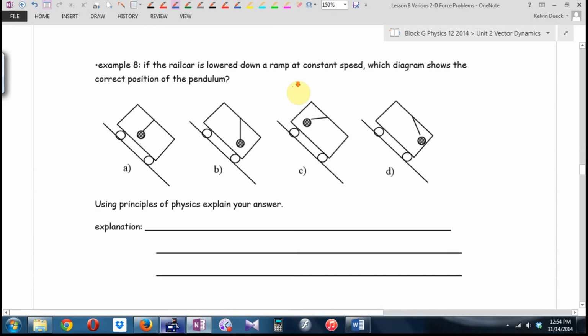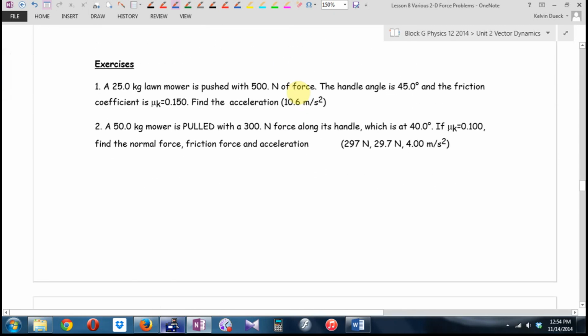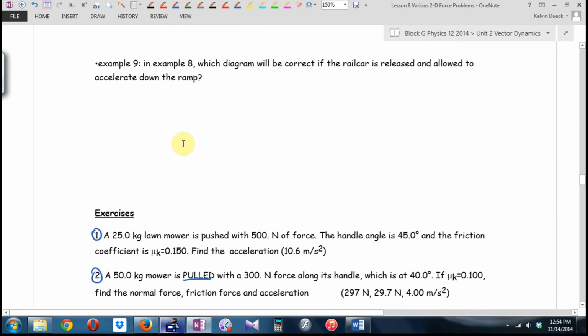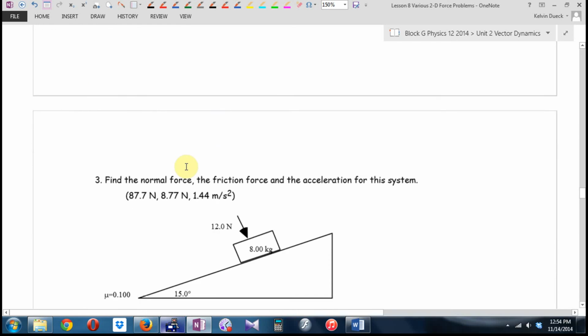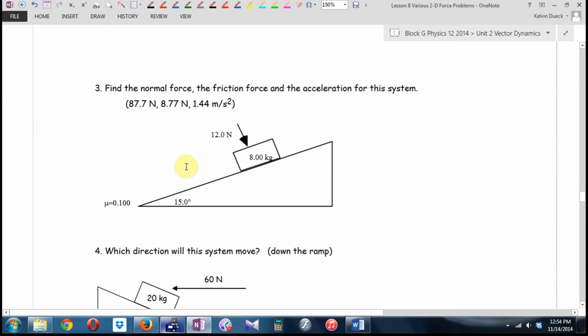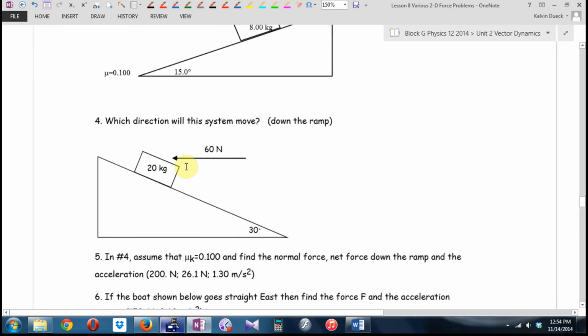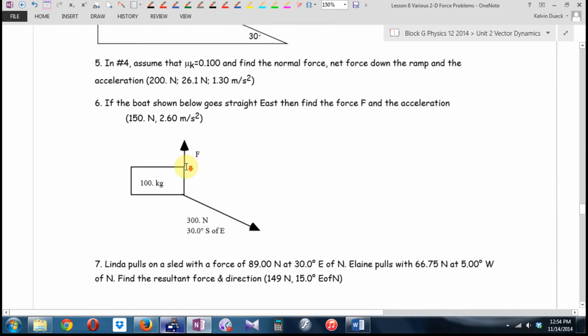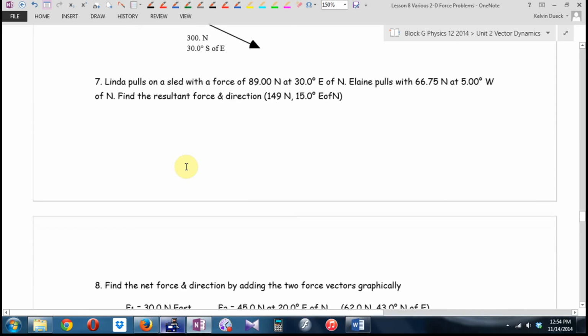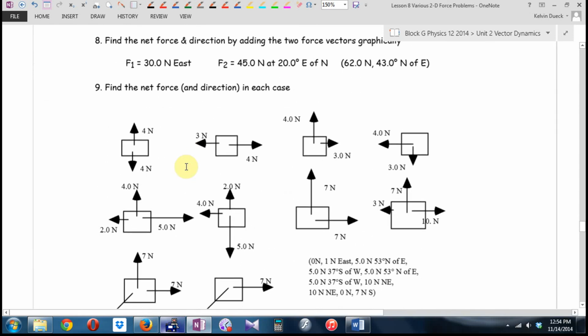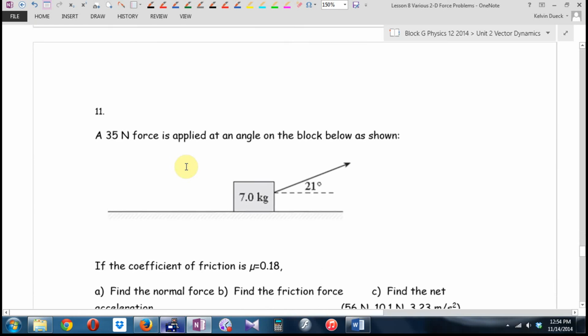So what's your homework? Try this lawnmower question. Please notice that we're pulled. You can draw example 1 or exercise 1 up here, exercise 2 down there if you need to. 3 is a little blah. 5 is a little blah.